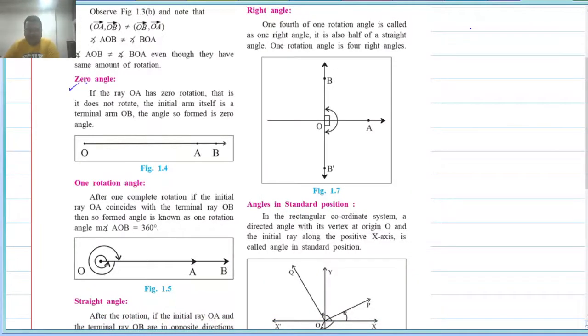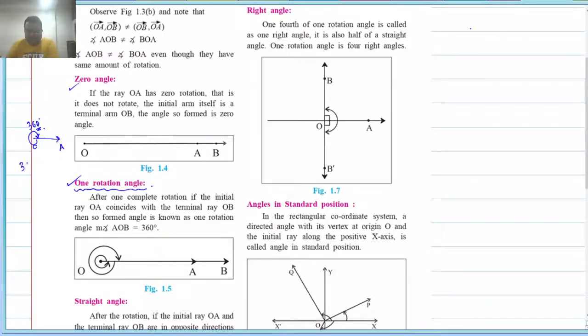Next is zero angle, we have seen that. Okay, now zero angle can also be considered as one rotation angle, and this is very important concept. Suppose you have a ray like this, OA, and you rotate it completely through 360 degrees, then that is equivalent to 0, but it is called as one rotation angle, which is 360.